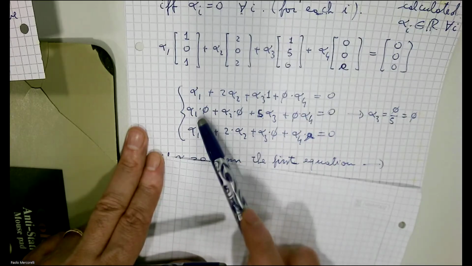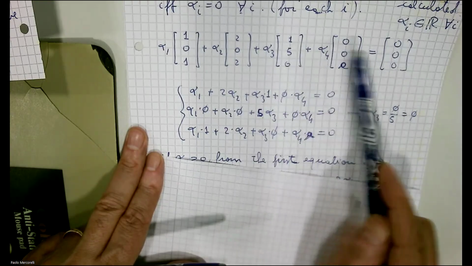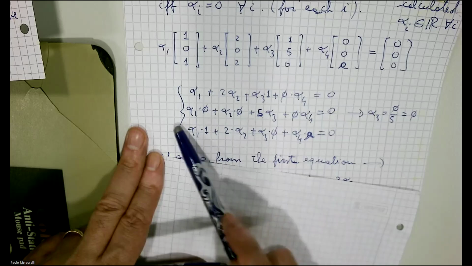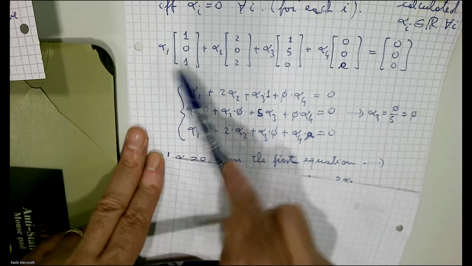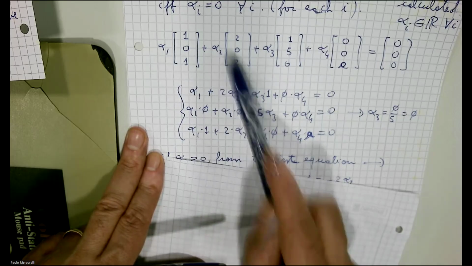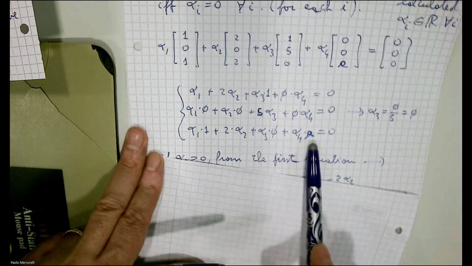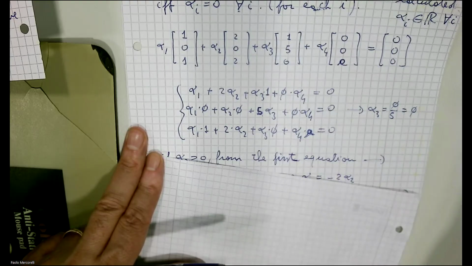Alpha 1 multiplied by 0 plus alpha 2 multiplied by 0 plus alpha 3 multiplied by 5 plus 0 multiplied by alpha 4 equals 0. And this one: alpha 1 multiplied by 1 plus 2 times alpha 2 plus 0 multiplied by alpha 3 plus A multiplied by alpha 4. Again, A not 0.